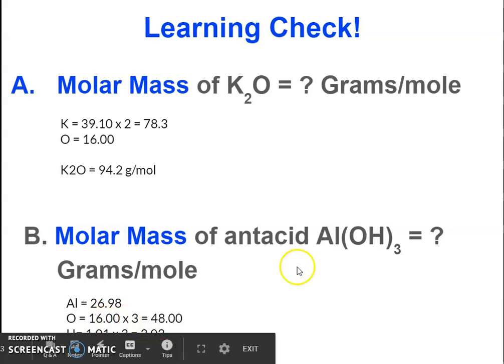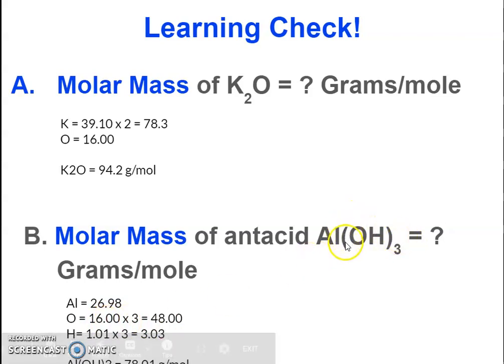Remember, the oxygen you have to multiply by 3. So remember, this is in parentheses. So that means we have 3 OHs. So you've got 3 oxygens and 3 hydrogens. Okay, and I think this is probably at the bottom of the screen, but you should wind up with 78.01 grams per mole.